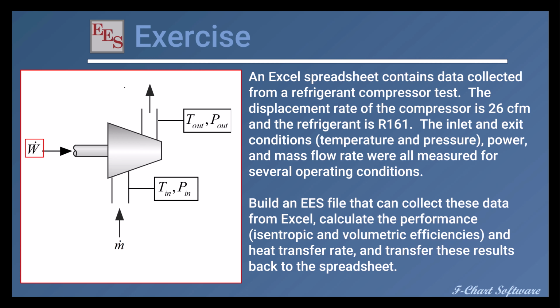You want to take that data that is in a spreadsheet and, using EES, reduce it. So basically do some calculations on the data to compute the performance, so the isentropic efficiency, the volumetric efficiency, and then with an energy balance also what the heat transfer rate is from the compressor.